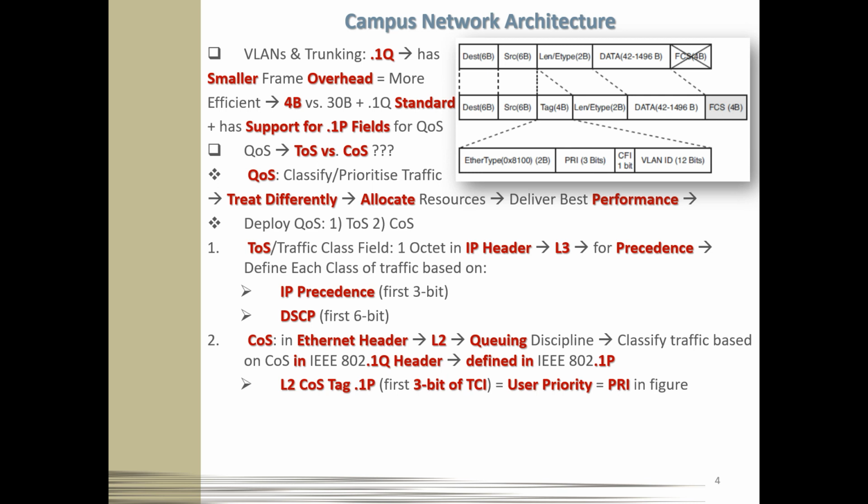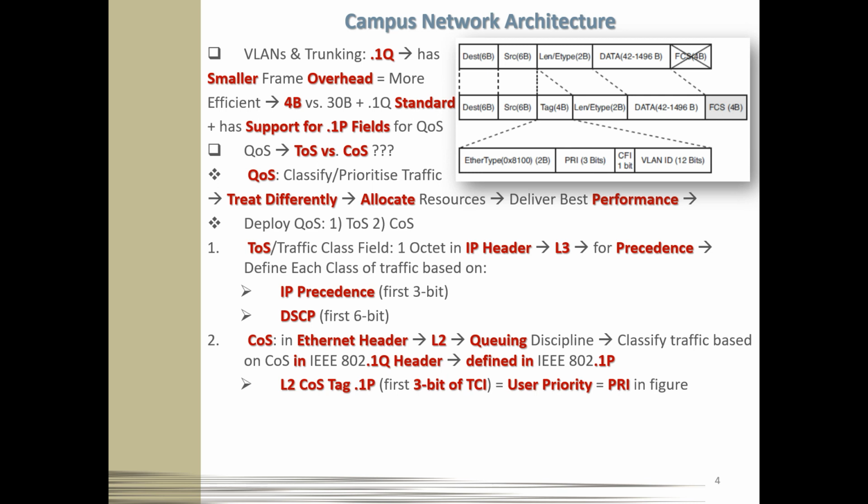However, COS, or class of service, is a layer 2 concept. 802.1Q and 802.1p are layer 2 concepts, and the .p protocol is a subset of the .q protocol.